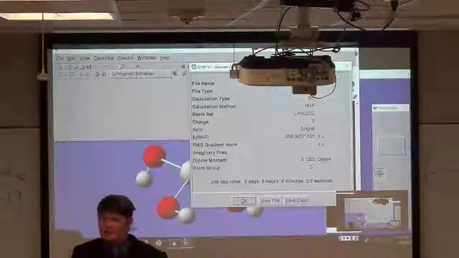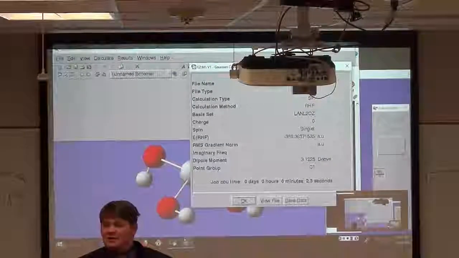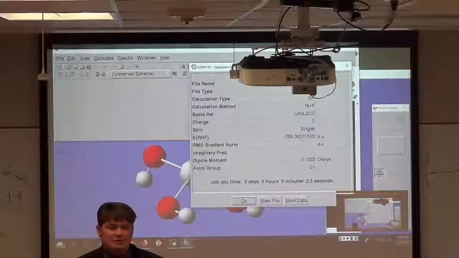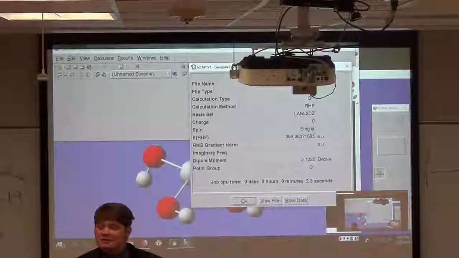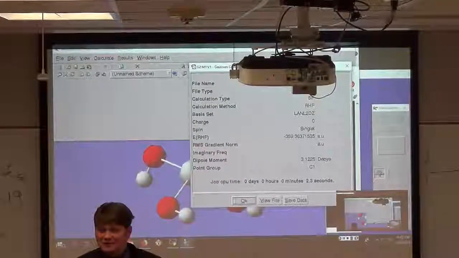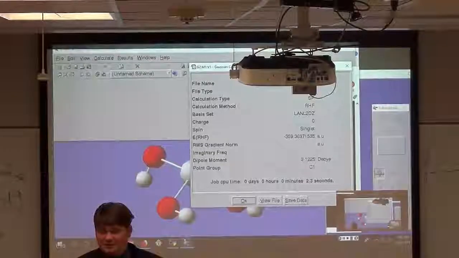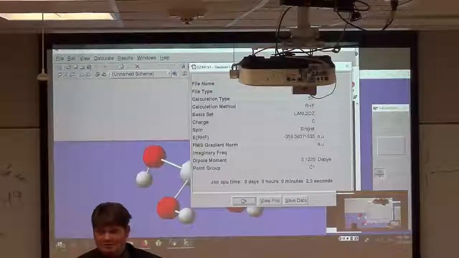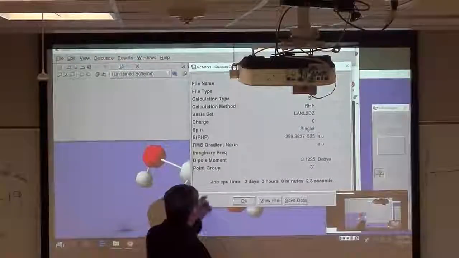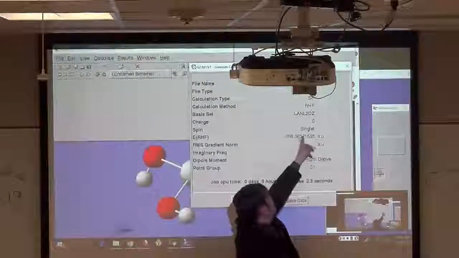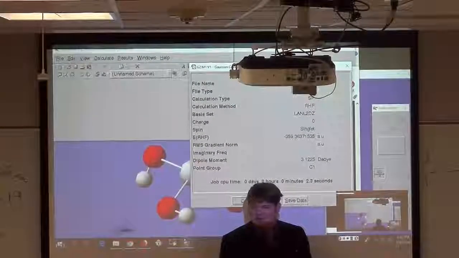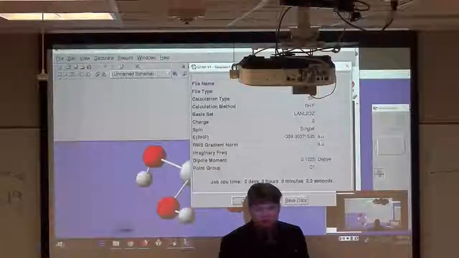What is the atomic unit of energy? How many electron volts? 27.2. Right? Ben and H should be aware of it. About 27 electron volts. Sounds familiar. Good. So the total energy of this molecule is minus 300 times 27, which will be huge, right?